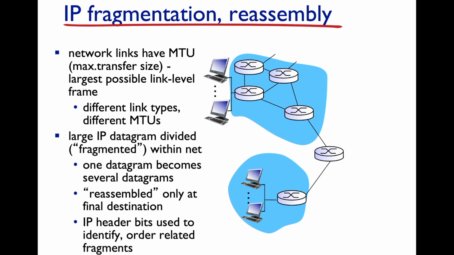So networks have something called an MTU, a maximum transfer unit size, which refers to the maximum size unit you can send across the network. The largest possible link layer frame, its header information is carved out of this MTU. Different link types are going to have different MTUs, or sizes of link layer frames that you're going to send across the wire.